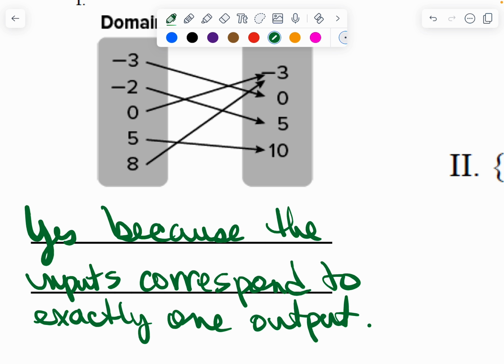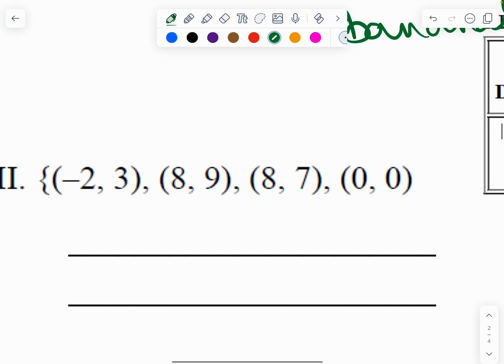Not meaning they go to one number. How about we do this? Each input corresponds to exactly one output. There we go. Sounds much better.